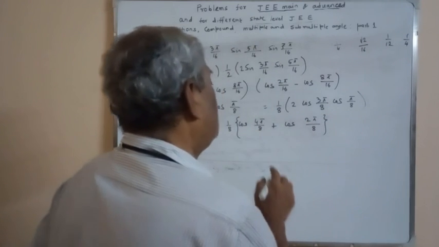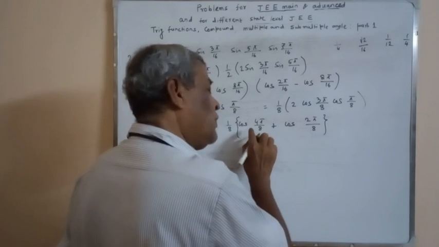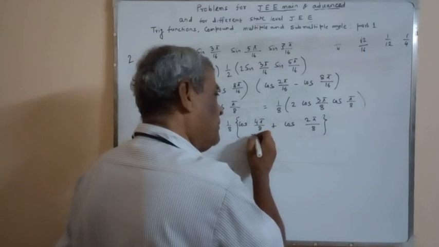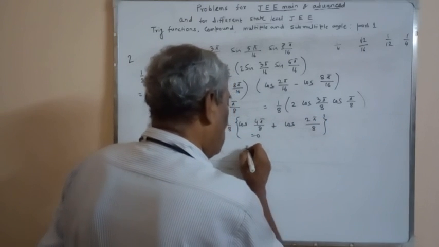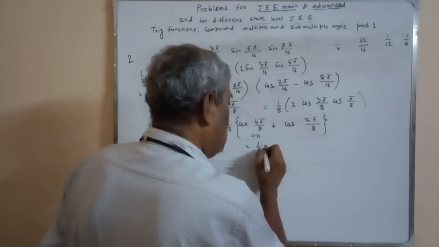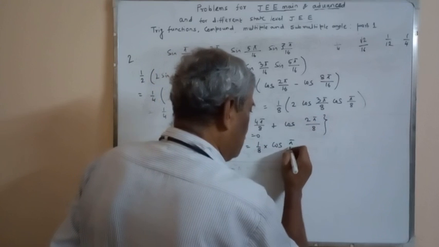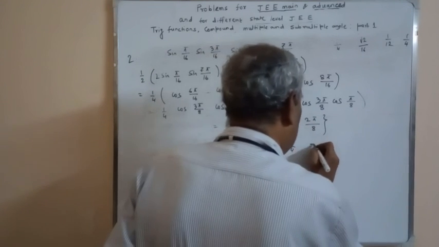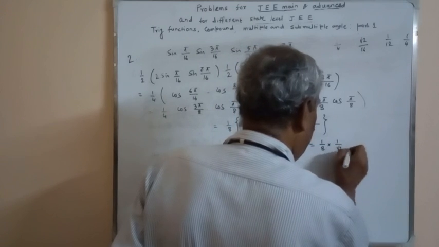Cos of 4 pi by 8 means cos of pi by 2, which is 0. This is cos of pi by 4. So 1 by 8 into cos of pi by 4 is equal to 1 by 8 into 1 by root 2.